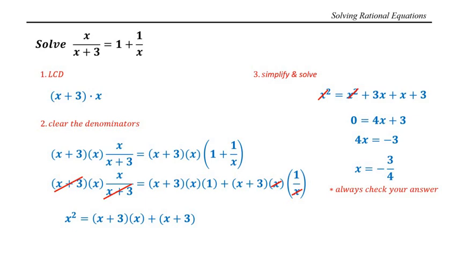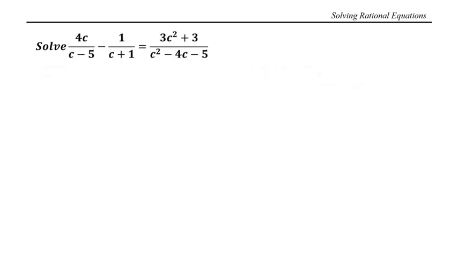So let's check out another example. With this one, we have 4c over c minus 5 minus 1 over c plus 1 is equal to 3c squared plus c over c squared minus 4c minus 5. Just like the previous one, our first step is to find the least common denominator. We can take the denominator from each one of these fractions.